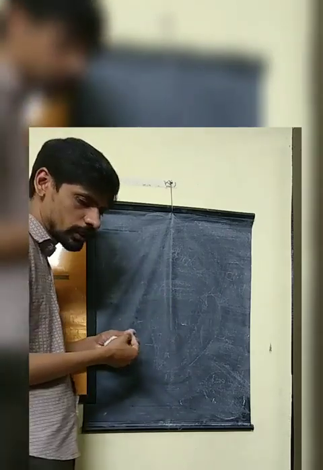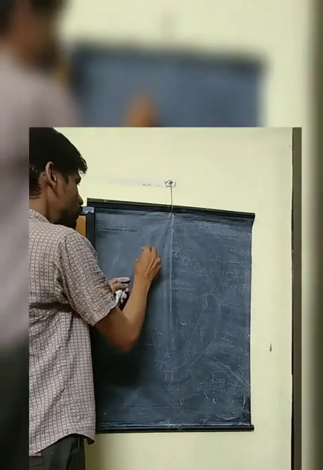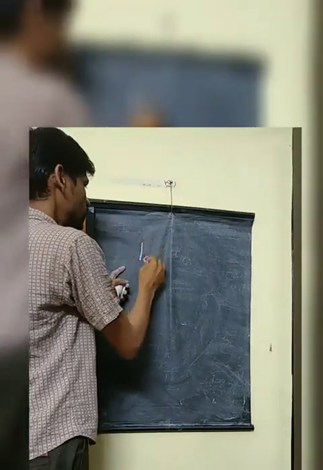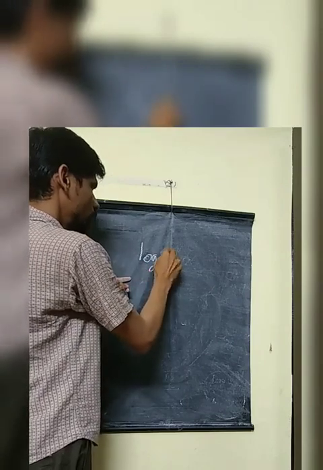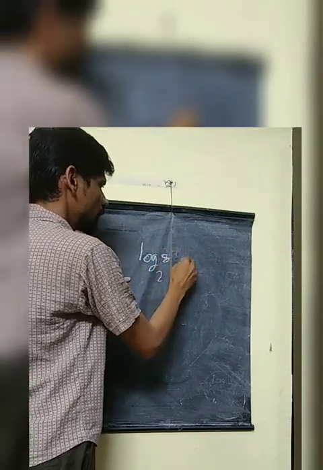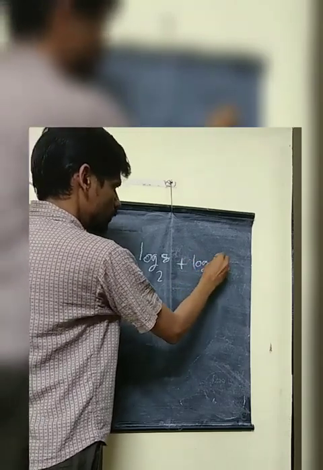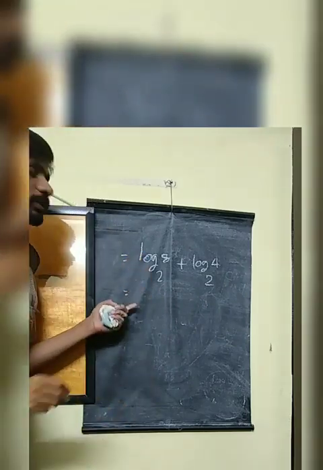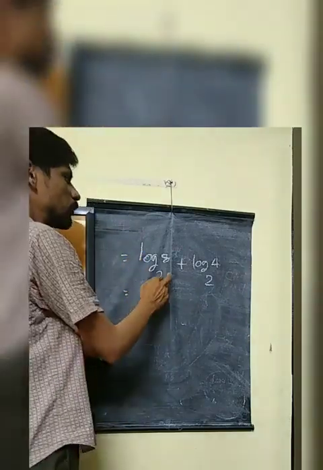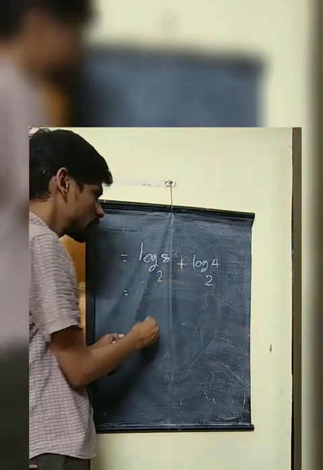So we will see another example: log base 2 of 8 plus log base 2 of 4. What will be the answer? When we are doing addition, what can we do?